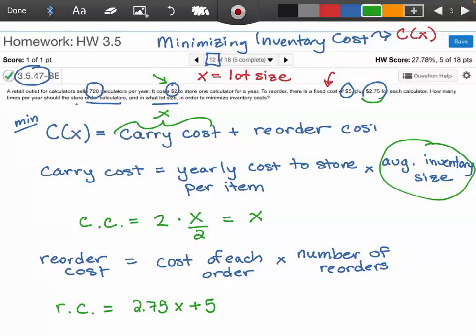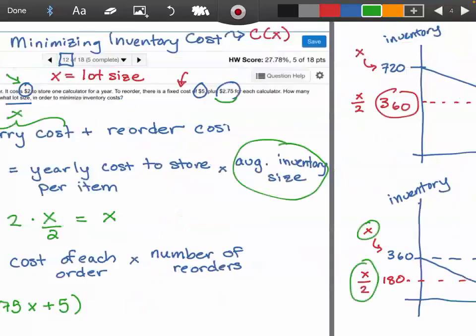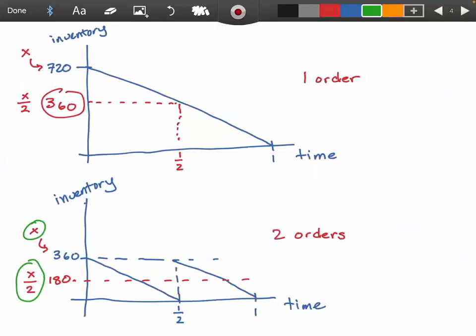Okay, we have to multiply this by the number of reorders. Okay, we can figure this out in terms of X. So in this first example, if we only did one order, our X was 720. Here, when our X was 360, we had two orders, right? Well, we can work backwards.